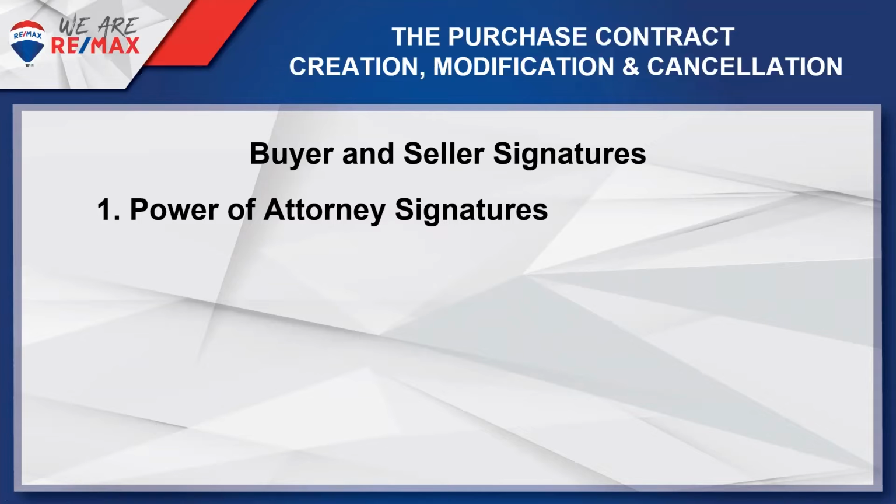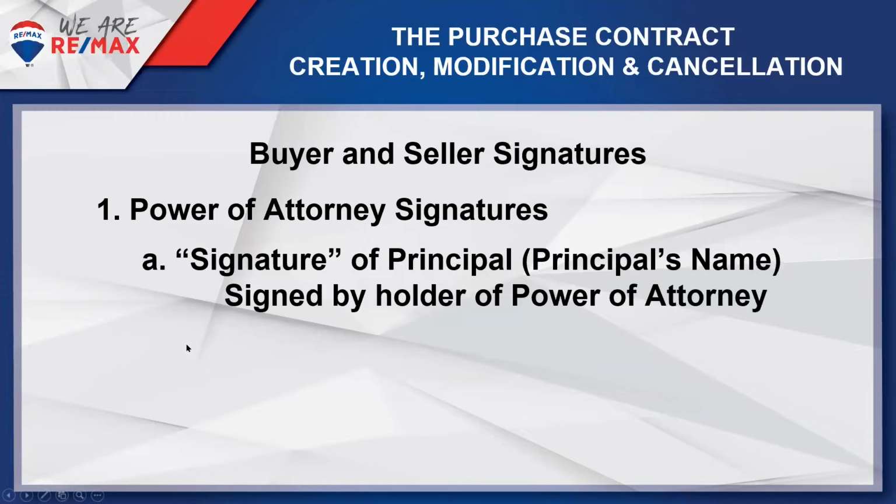They hold a very strict standard. And if this is not done correctly, the court often invalidates the document. So if the power of attorney signature is involved for either the buyer or the seller, first, the signature, and it's not really the principal signing, but it's the principal's name.